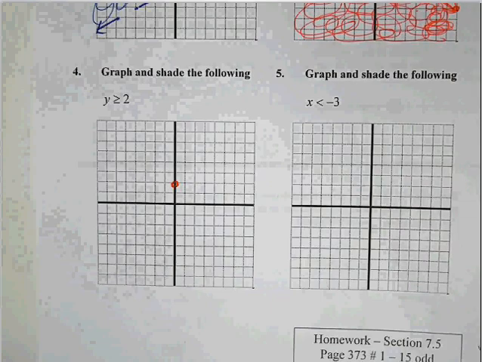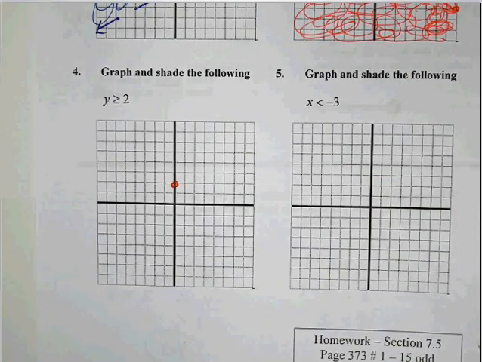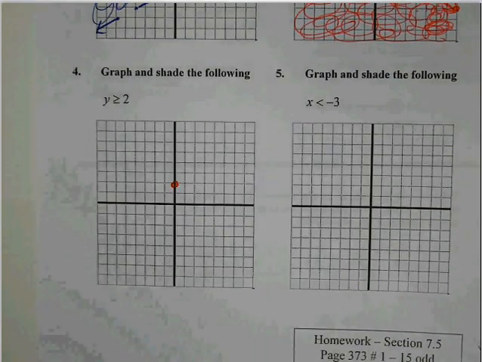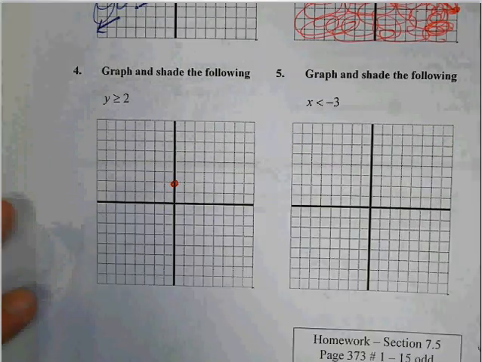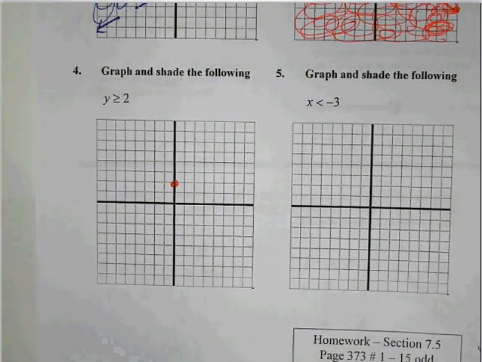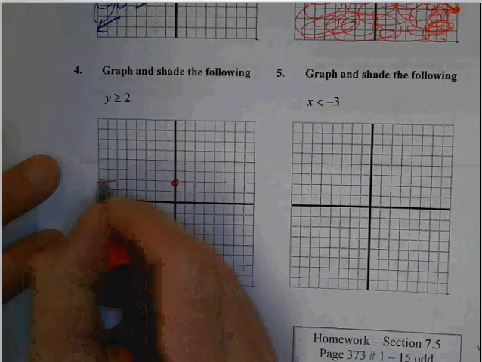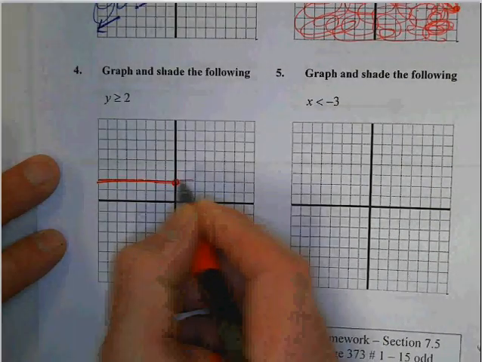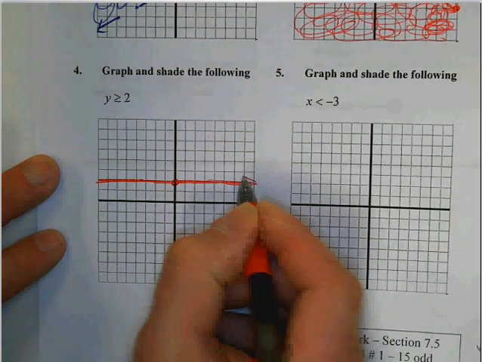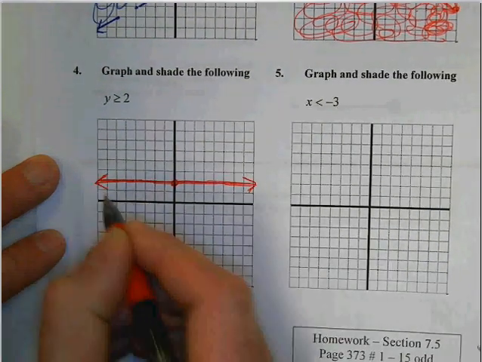y equals 2 is a line that goes through the y-axis. So everyone, I need you to think. Should I make a solid line or a dotted line? Solid. Why are you saying solid, everybody? Because it's greater than or equal to. Everyone make a solid line. If you think you know where to shade, raise your hand.